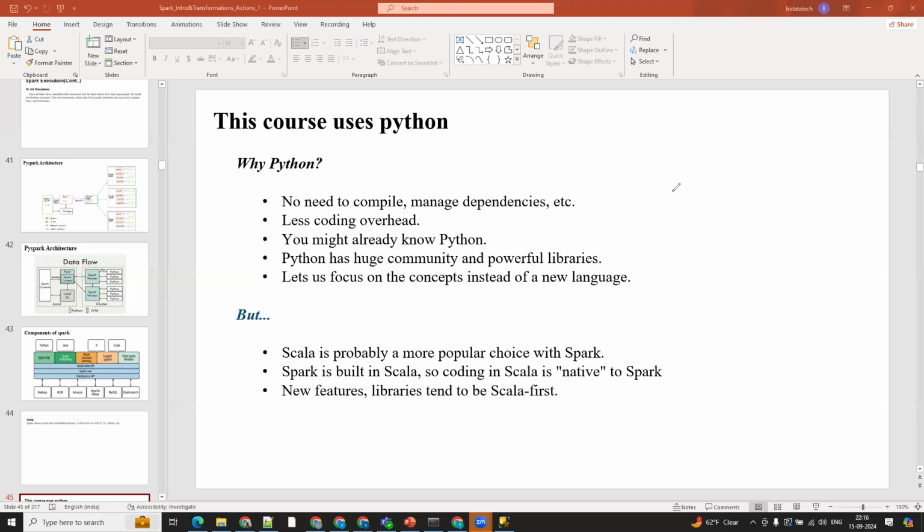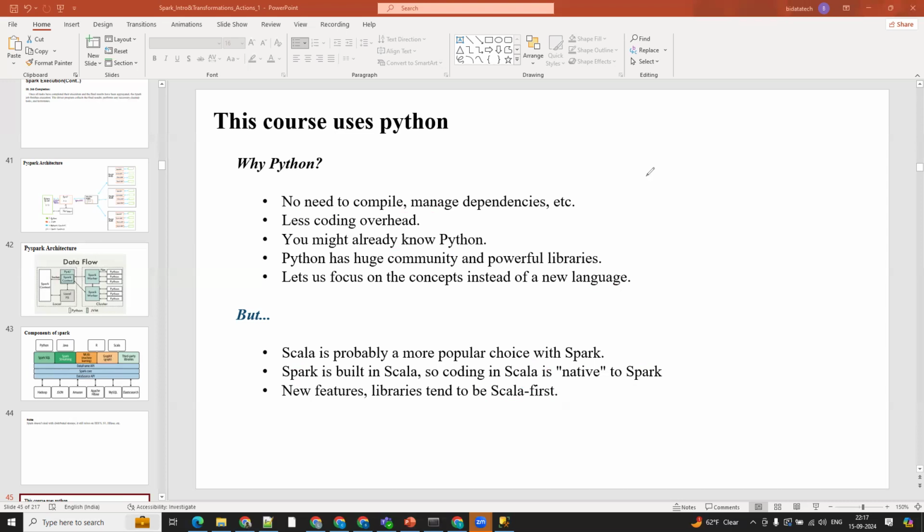Scala we don't need to install, because when you download Spark, you'll get it automatically, inbuilt by default. What else? Java, of course, is required. I told you, Scala is built on top of Java only. So in the backend it has to execute in Java only, indirectly.